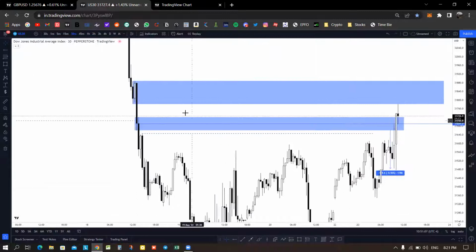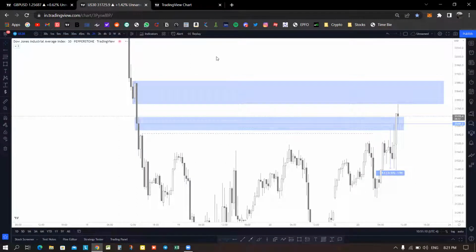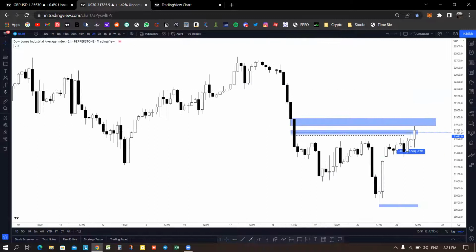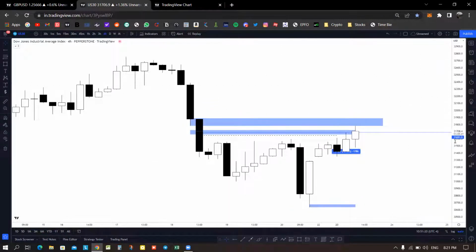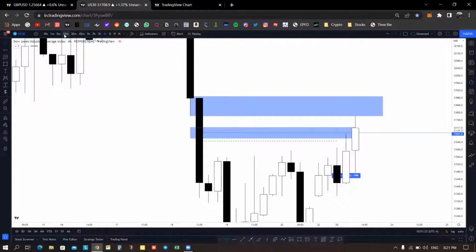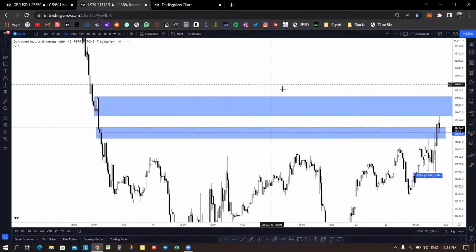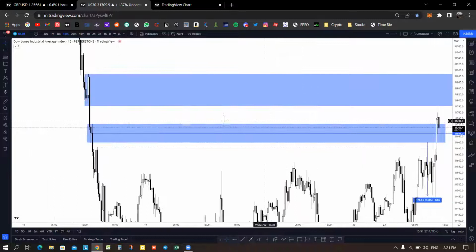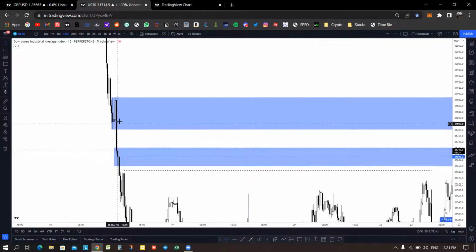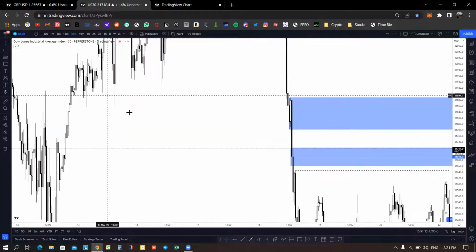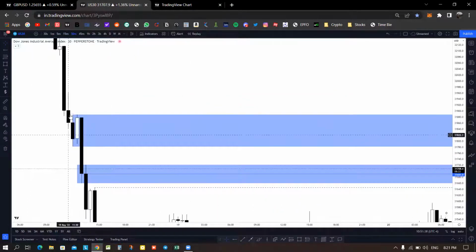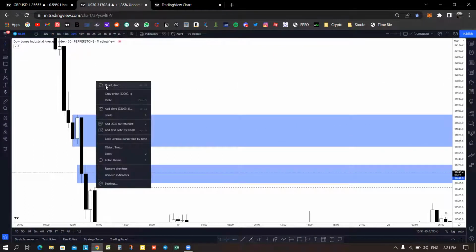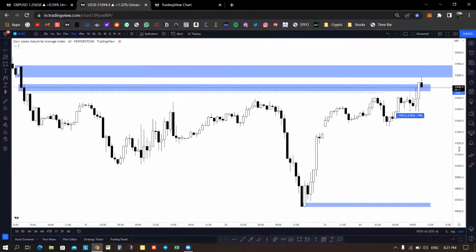Okay, and I have also marked the last phase as my point of interest. This might be on the 30-minute time frame. So I have also marked this bearish candle as a point of interest here. So that's why I had two points of interest.